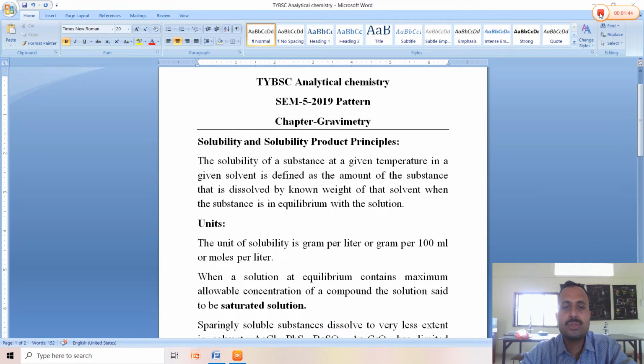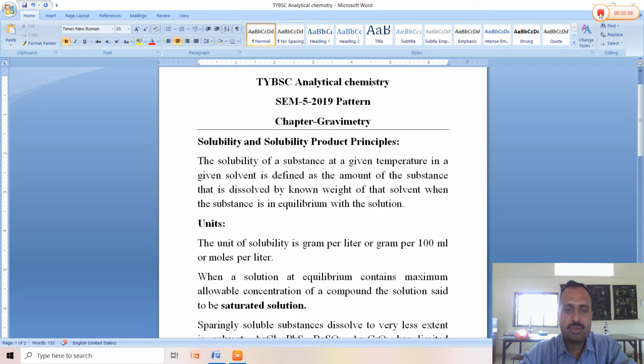We know the known weight of that solvent, and we add that solvent, and both solute and solvent are at equilibrium with the solution. Now the unit of solubility is gram per liter or gram per 100 ml or mole per liter.